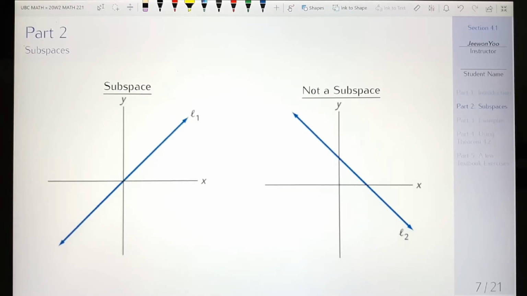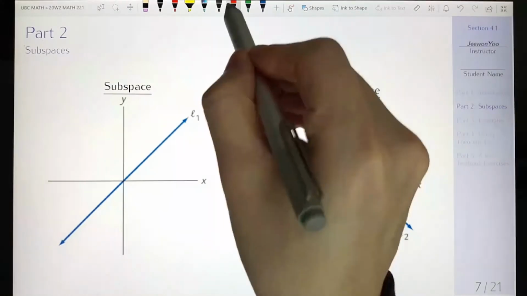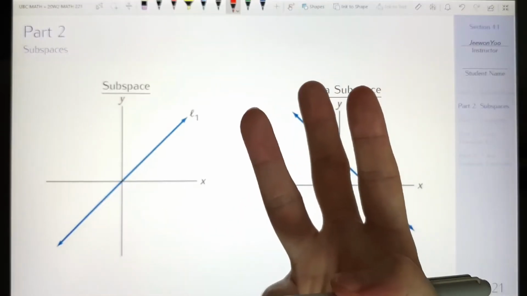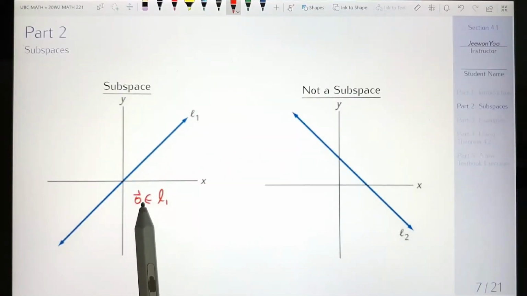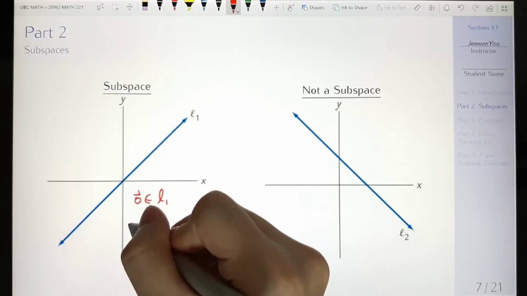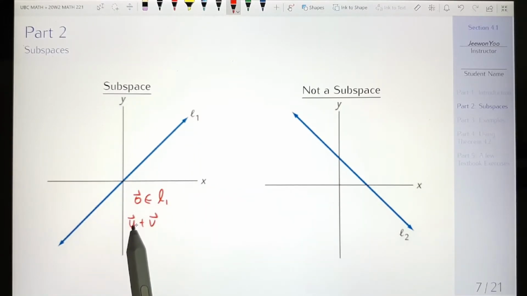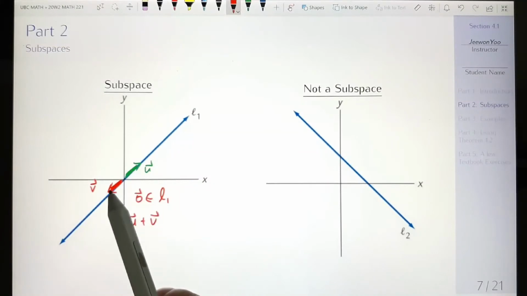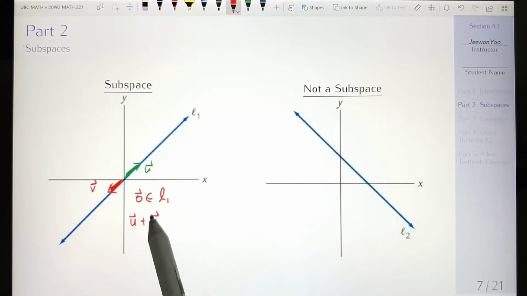It's gonna be really quick, short answer. This guy satisfies the 3 conditions. The 0 vector is living in this set L1. If you pick some random vectors u and v and add them up, still the result vector lives in the set L1, right?